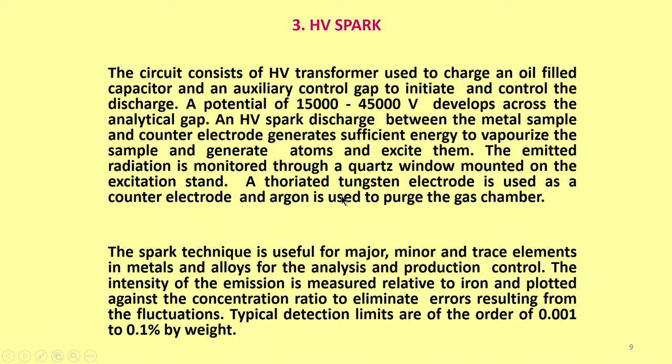So, what you need is a gas chamber in which 2 electrodes are being used, and you use a high voltage transformer filled with oil, strike the spark, and it generates 15,000 to 45,000 volts across the analytical gap, and the temperature would be extremely high.